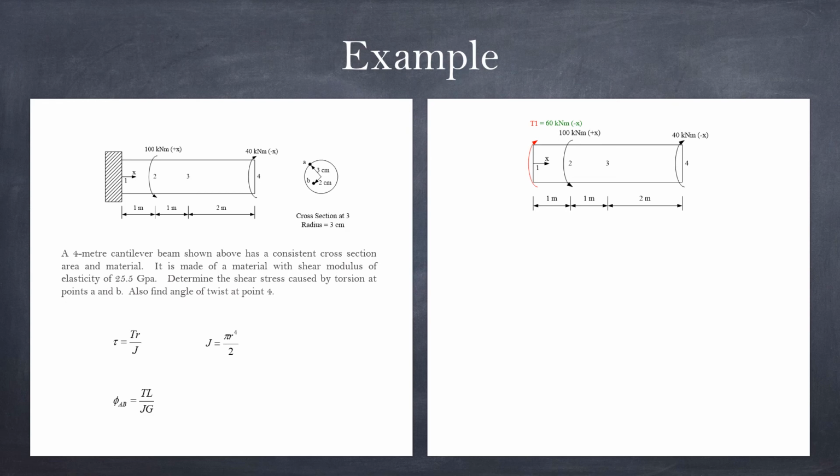And if we want to know the torsion inside between 1 and 2, then we cut somewhere in between them, not in the middle, any possible space between them, and we calculate the torsion between 1 and 2. And between 2 and 4, the torsion will be consistent because there's nothing in between. So here we are, and we can calculate the torsion between 2 and 4.